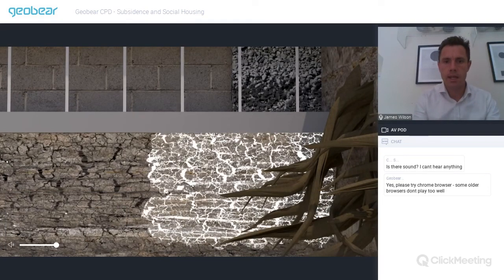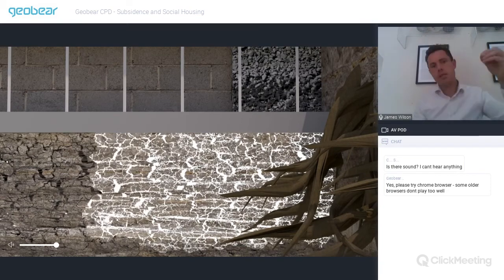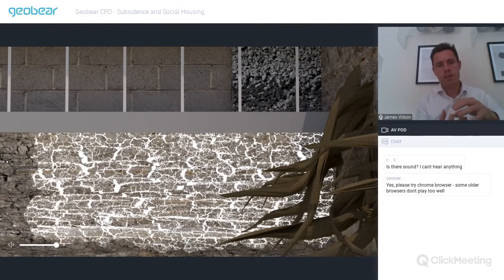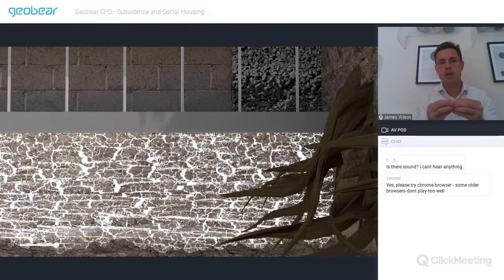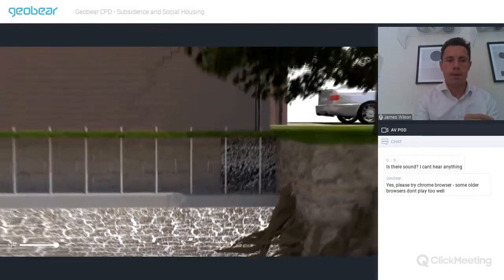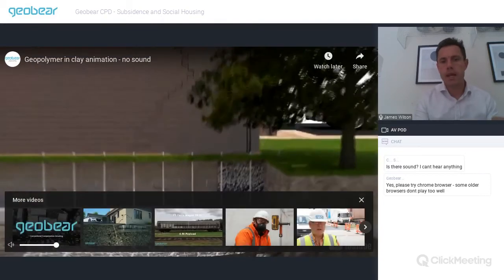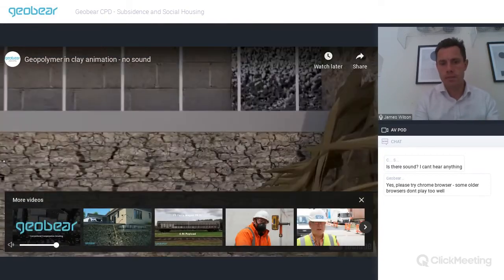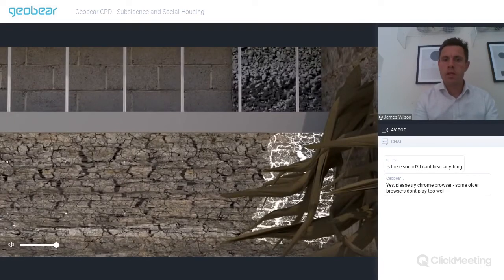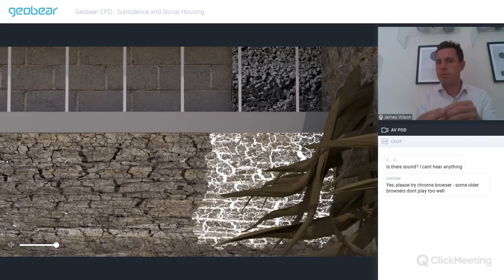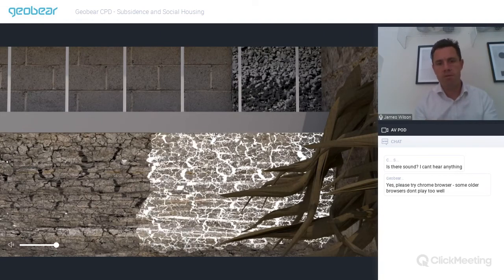But then as the material expands, it squeezes the layers of the clay together and it drives the moisture out. And that moisture is then replaced with our resin that's then there permanently. And it can't be taken in and out by those trees that are there. So the resin can't be taken in and out by the trees because it's a permanent thing and it's there forever.